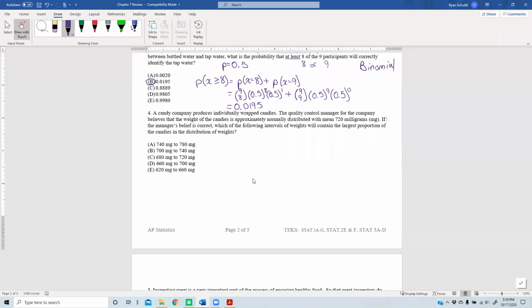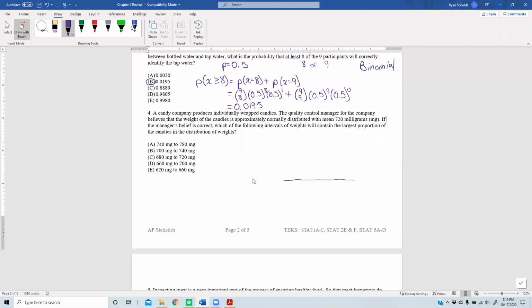Number 4, a candy company produces individually wrapped candies. The quality control manager for the company believes that the weight of the candies is approximately normally distributed with a mean of 720 milligrams. If the manager's belief is correct, which of the following intervals of weights will contain the largest proportion of the candies in the distribution of weights? So let's draw an approximate normal distribution.